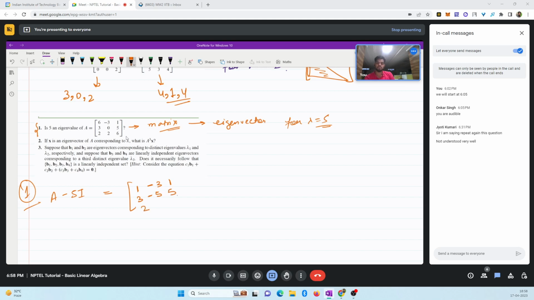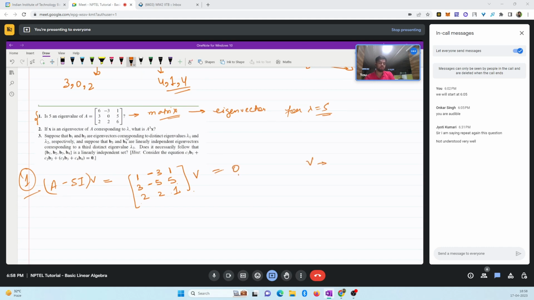This is 2, 2, 1. So did you row reduce this matrix? So we want (A minus 5I)v is equal to 0. And we want v to be non-zero.